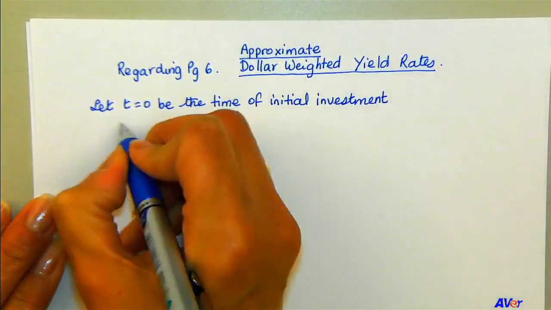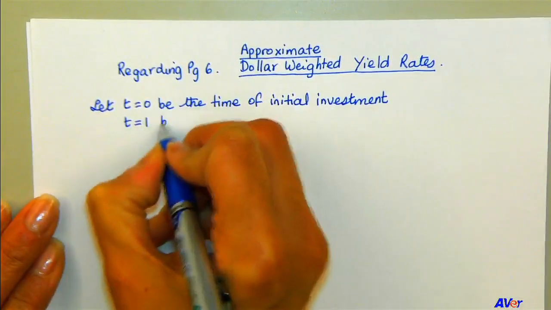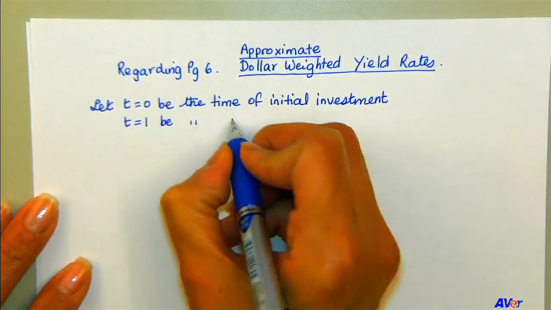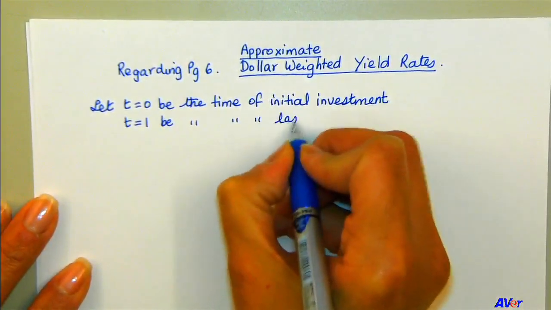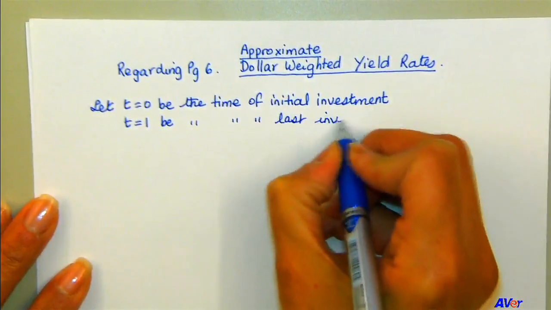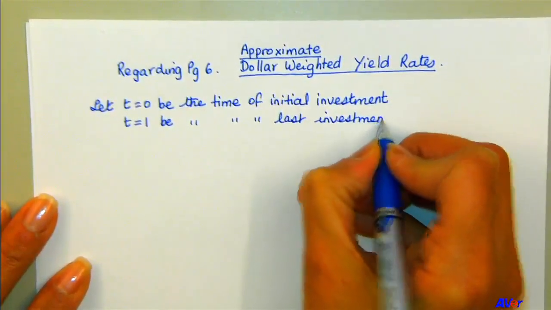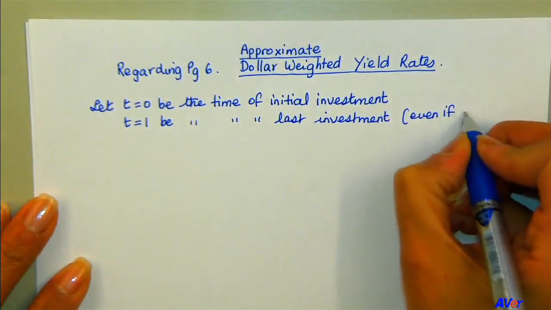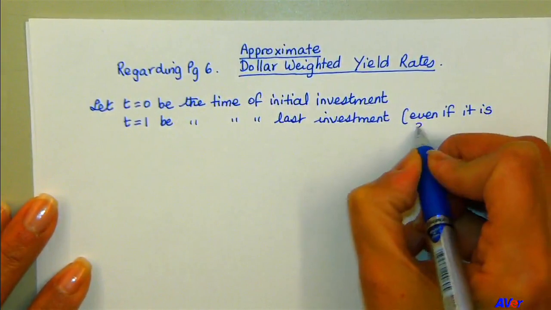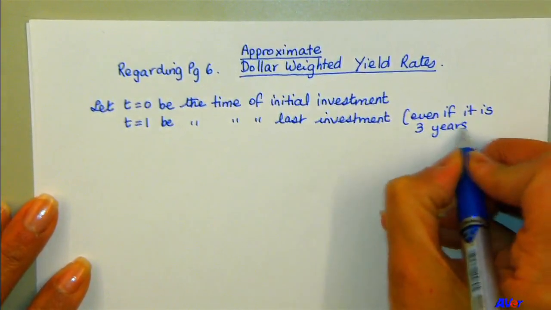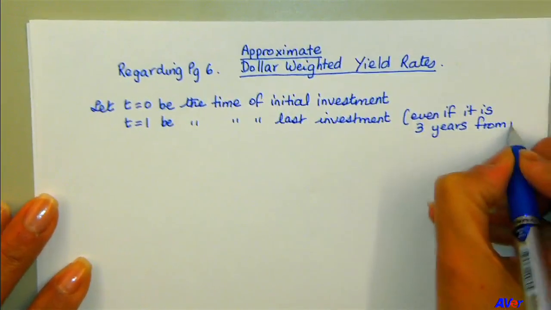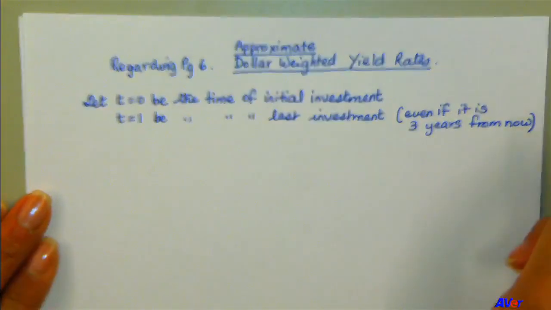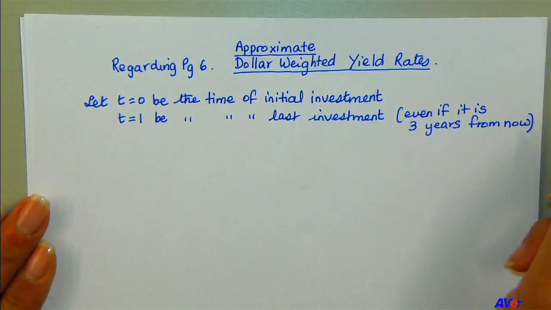Let t equal 1 be the time of the last investment, even if it is 3 years from now. And by the last investment, I don't mean the last contribution. I mean all the way at the end.